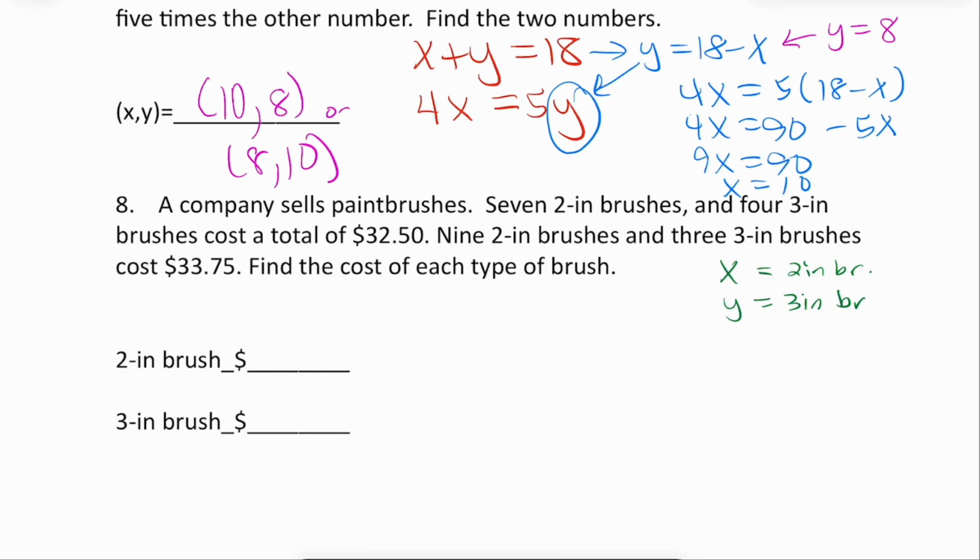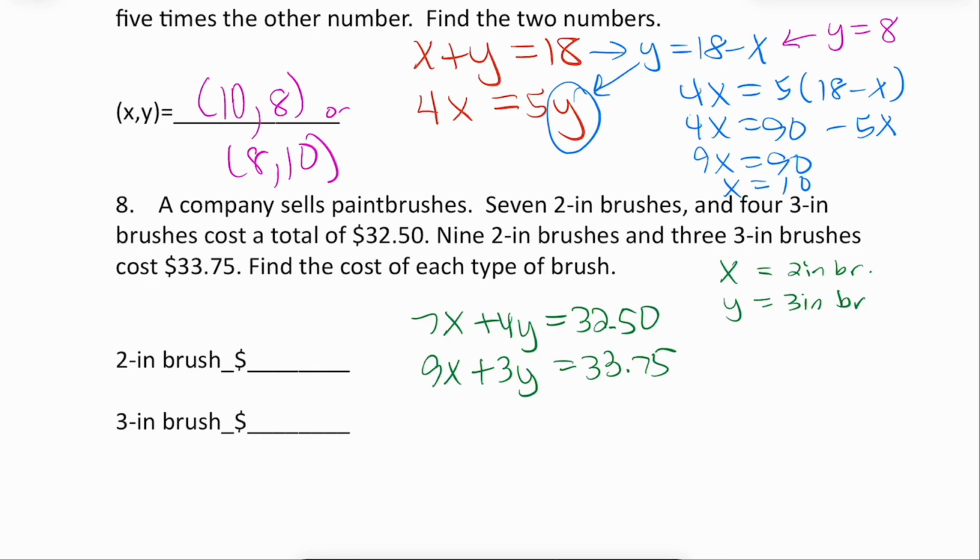Okay, so I know that 7 of the x's and 4 of the y's total $32.50. So that's what that first line tells us. Now the second one says that 9 of the 2-inch plus 3 of the 3-inch brushes cost $33.75. How much is the cost of each type?